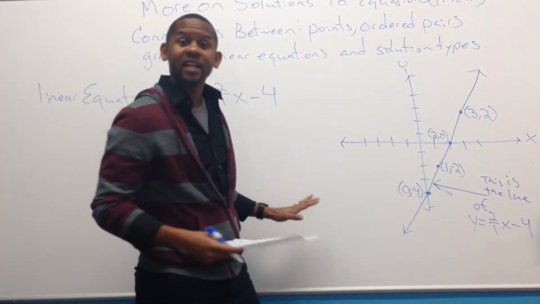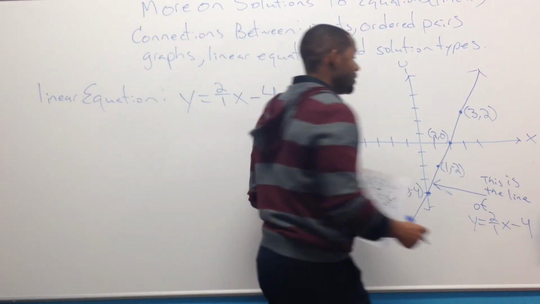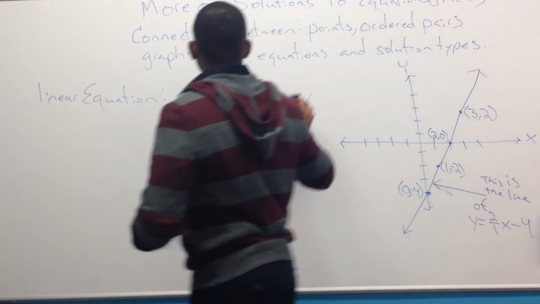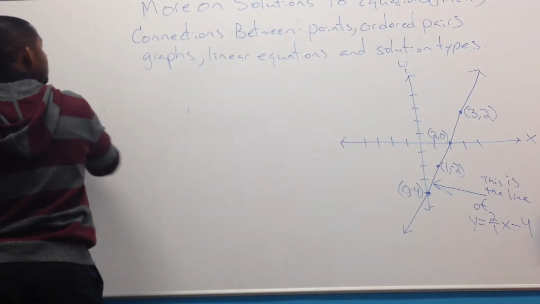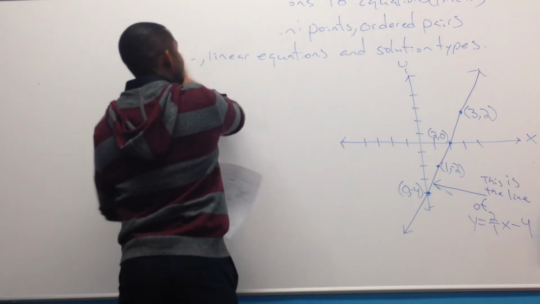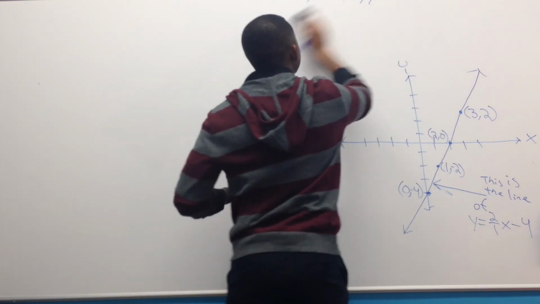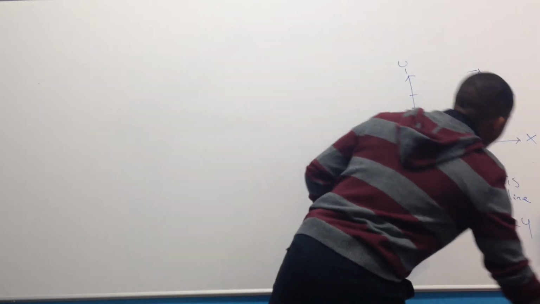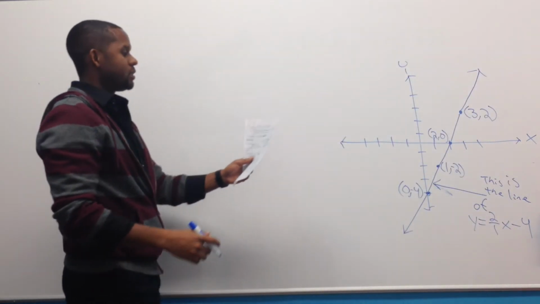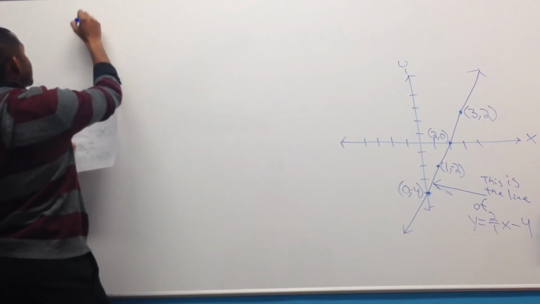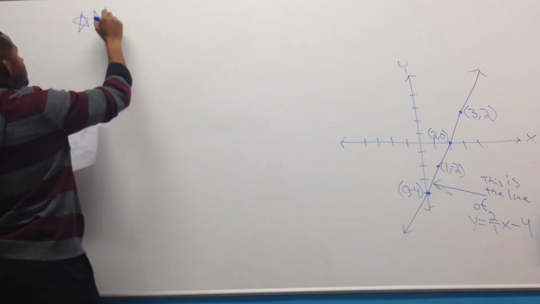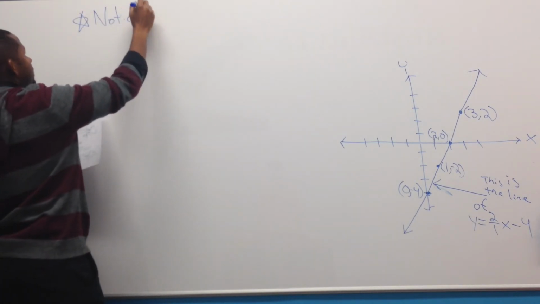Now there's a lot of connections, a lot of information that you need to take from this, okay? So I'm going to erase this, and I'm going to erase this. I'm going to keep my picture up there, though, okay? So let's start looking at what are the connections that you need to make from this. So I'm going to put a star, and I'm going to say, notice.